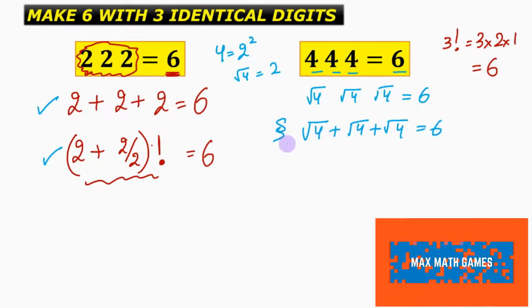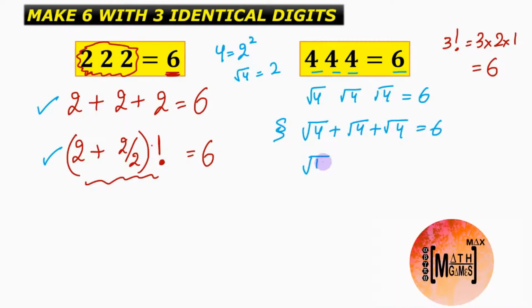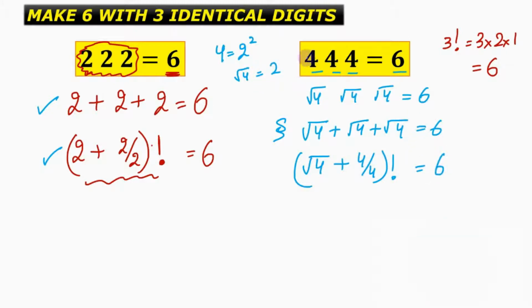This is solution number 1. Next, square root 4 plus 4 divided by 4 factorial will be equal to 6. And lastly, if I can make a 3 using these 4s, then there is one more method, and that is 4 minus 4 divided by 4 will be equal to 3 and 3 factorial will be equal to 6.